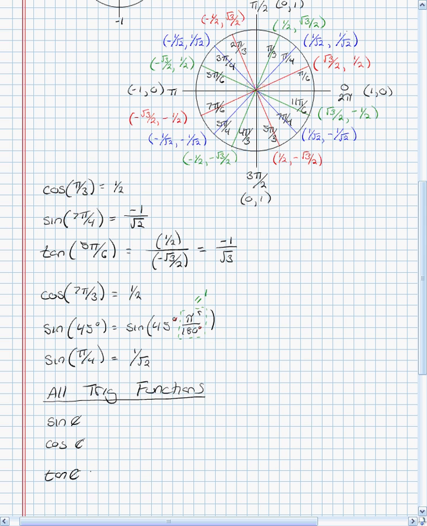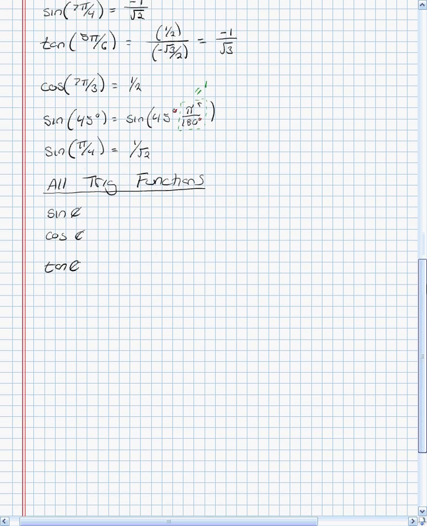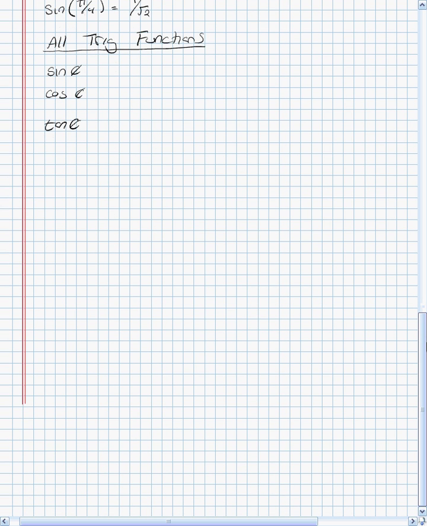But there's also 3 more advanced trigonometric functions. And those are secant theta, cosecant theta, and cotangent theta. Now we know that tangent theta is equal to sine theta over cosine theta.